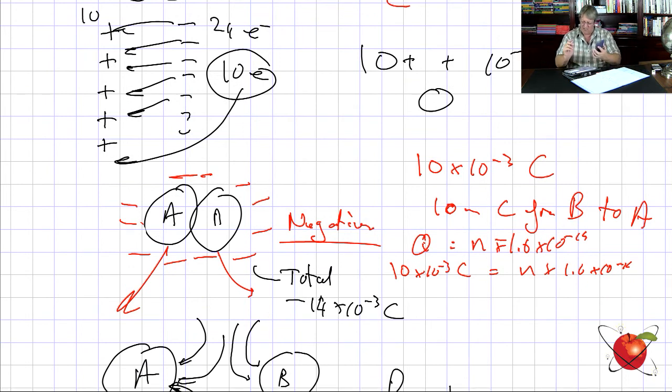Let's have a look. 10 times 10 to the minus 3, divided by 1.6 e to the minus 19, is going to be 6.25 times 10 to the 16 electrons flowed that way. So that's what we're getting.